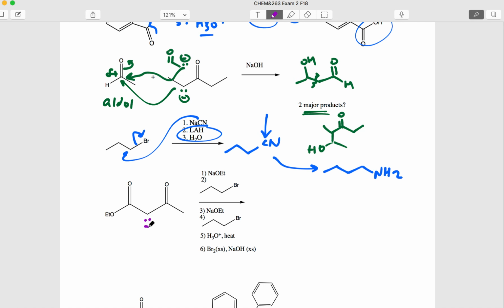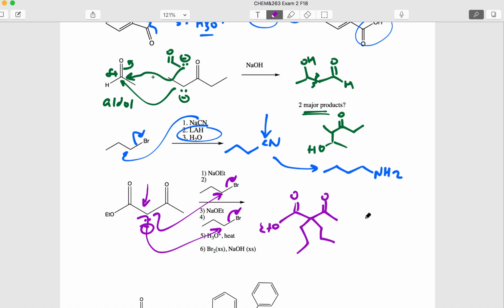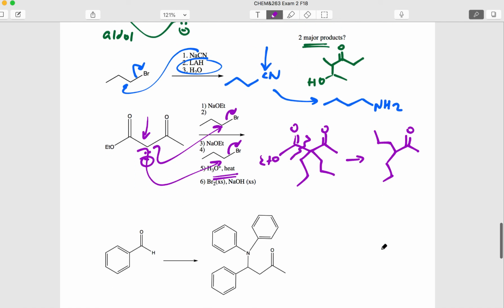Now for this one, I expected you to know this was the most acidic hydrogen, being in between the two carbonyls. So then you add one group there, and then you do it again, and you get another one added there as well. So most of you got this. And then after this, you have hydrolysis and heat, and I was hoping you knew about the decarboxylation there because we had practiced that so much in class, and for those of you in the hybrid, hopefully you saw that as a practice problem.